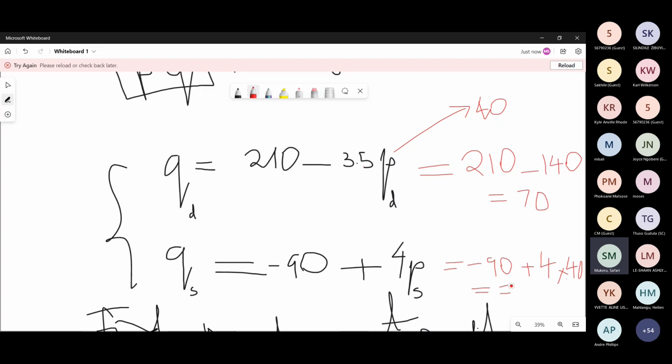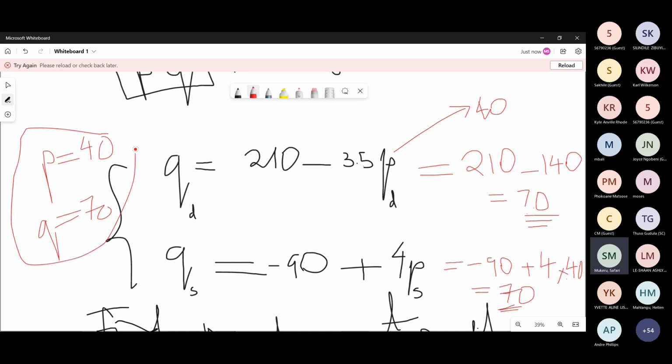The answer is again 70. See, the same thing here: 70, also here 70, as you could expect. Then at equilibrium, the price will be equal to 40, and the quantity will simply be equal to 70. That's how you find the price and quantity at equilibrium.